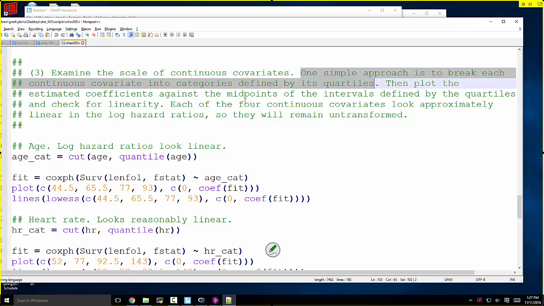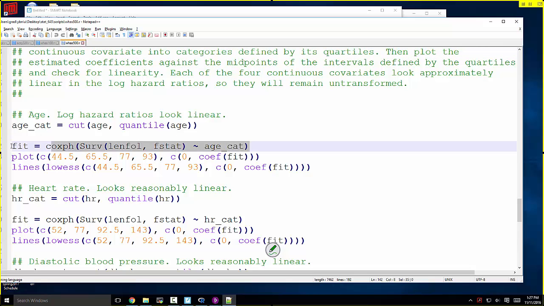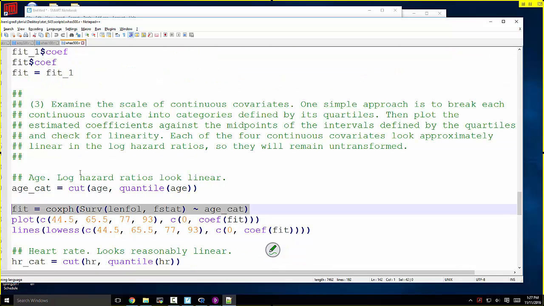And we could estimate coefficients for each range. So we could fit a Cox model to age categories, for example. Age is a continuous covariate. We're interested in, does age have a linear relationship with log hazard?